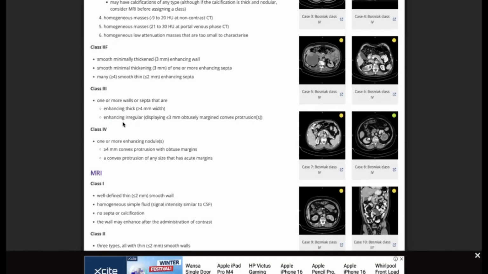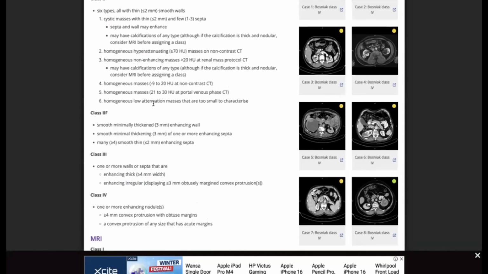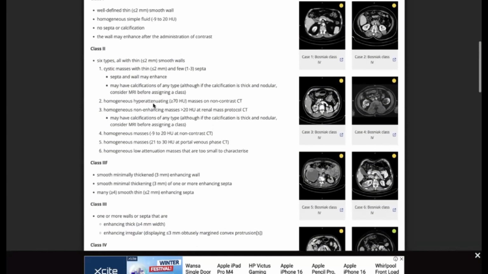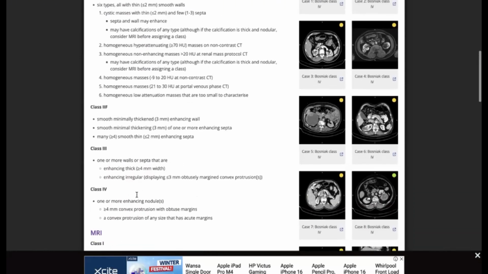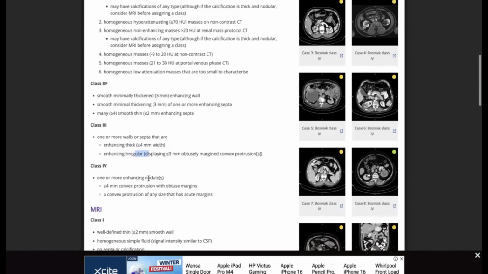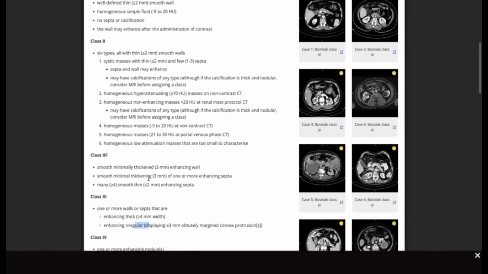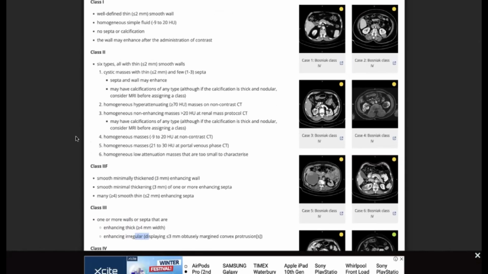Okay, my colleague, other than these 3 types, everything goes in type 2. Don't confuse your mind, really. So again: type 1, two words; type 4, all signs of malignancy; type 3, all about the enhancing thick wall, either regular and 4 mm or irregular enhancement. Whatever you see in the cyst, from septation, from calcification, from turbidity, goes in type 2.